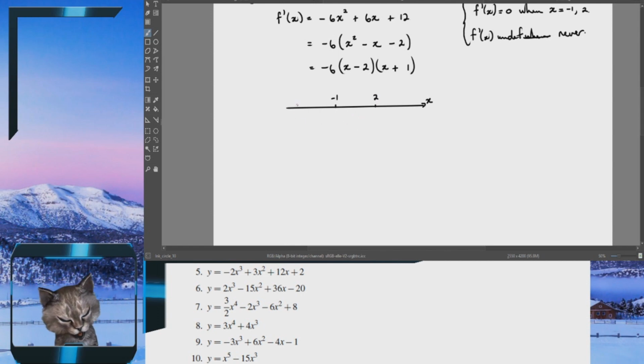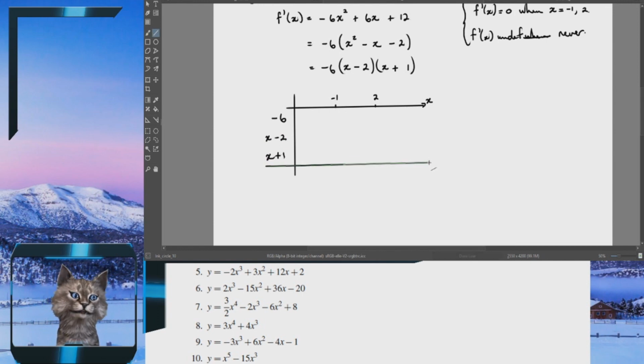And I'm going to list on the left here all the pieces, all the factors that go in making my derivative. Together, by way of multiplication, they will give me the first derivative. And I've broken up my x-axis into these pieces, these 3 intervals.